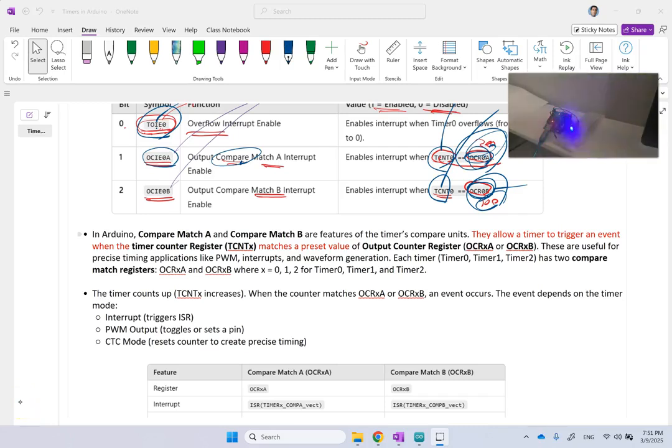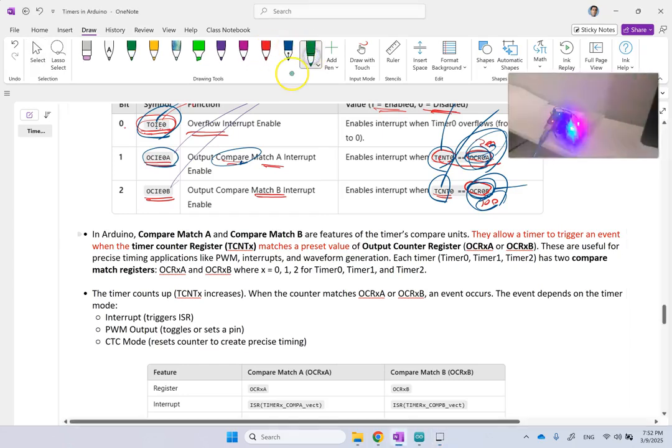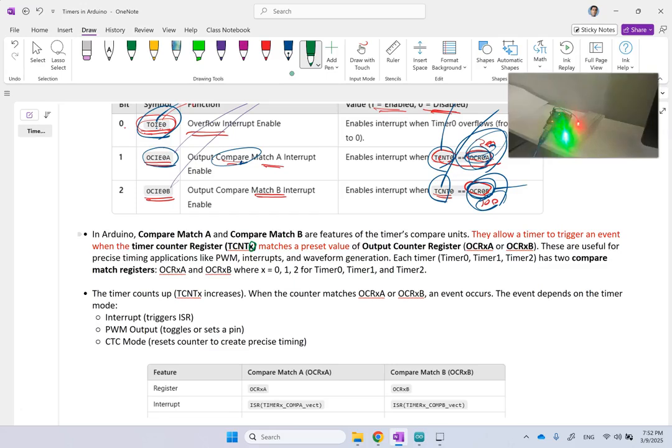So what I want to do, one more time, is summarize what exactly compare mode means. Each one of your timers has a counter that you show with TCNTX, and this X is the number for that timer. So TCNT0 is for timer 0, TCNT1 is for timer 1, and so on.